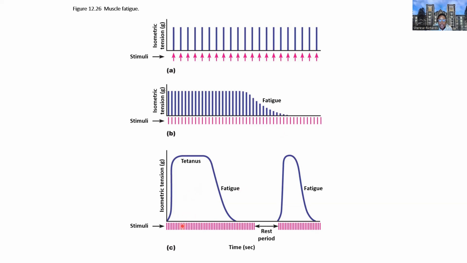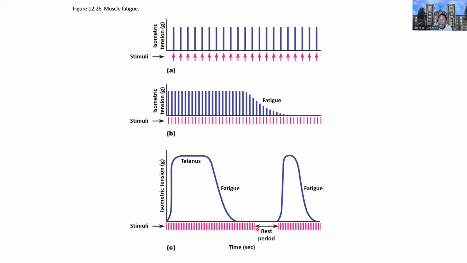Another demonstration of fatigue is after tetanus. So tetanus we describe as being this fused contraction where there's absolutely no relaxation in between. So because of the increased frequency of action potentials here, we have this tetanic contraction, and then we see fatigue. And fatigue means that the muscle eventually gives out, for one.